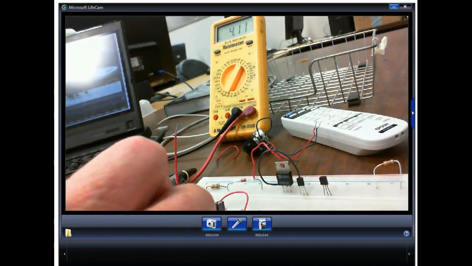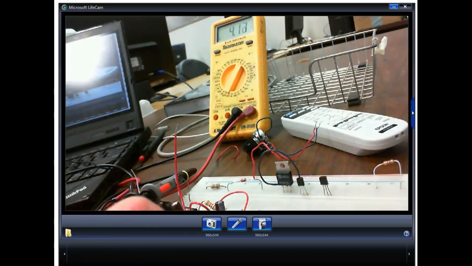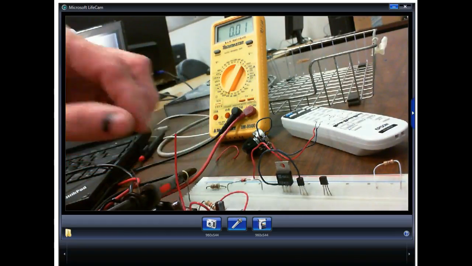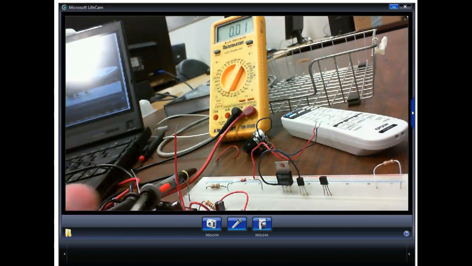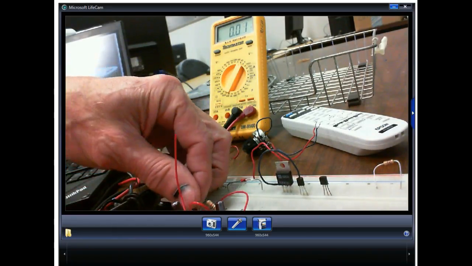This is VE. This is VB. Wait a second, guys. Why did this go down right here? I hadn't opened up the resistor.